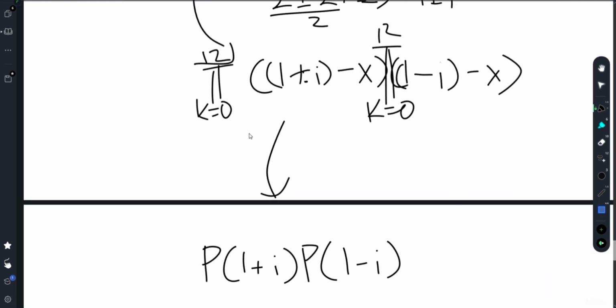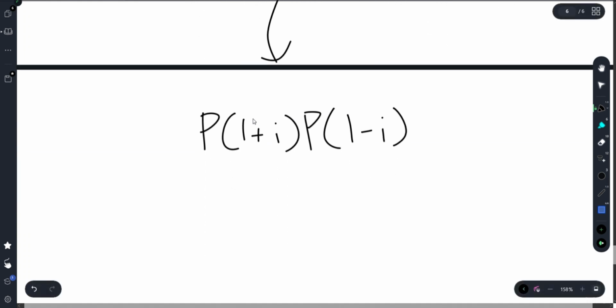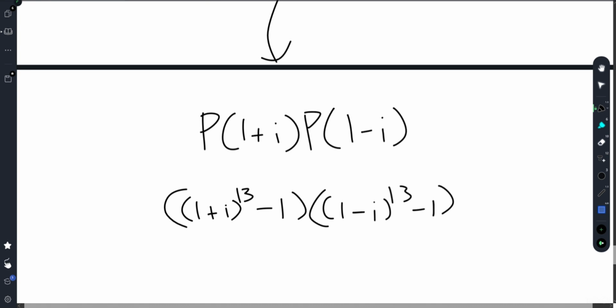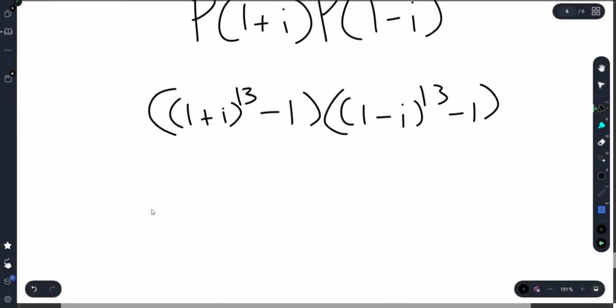Great. So now we know that p of x is equal to x to the 13 minus 1. So we want (1 plus i) to the 13 minus 1 times (1 minus i) to the 13 minus 1. And we can generalize this by converting into polar form and using de Moivre's theorem.